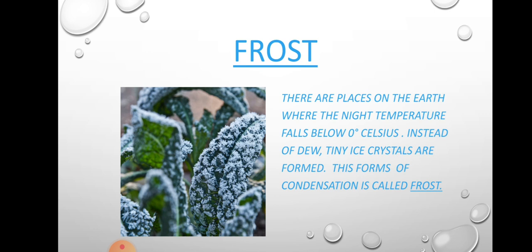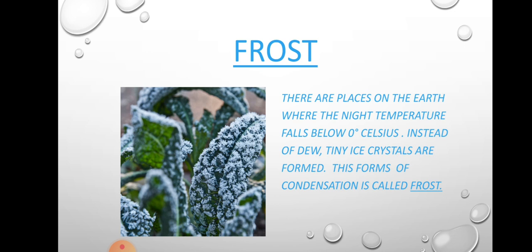There are places on the earth's surface where the temperature is below 0 degrees Celsius. The night temperature is below 0 degrees Celsius. We know that as the altitude increases, the temperature goes below 0 degrees Celsius.